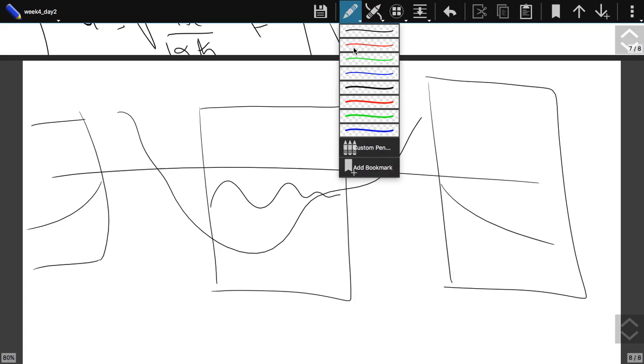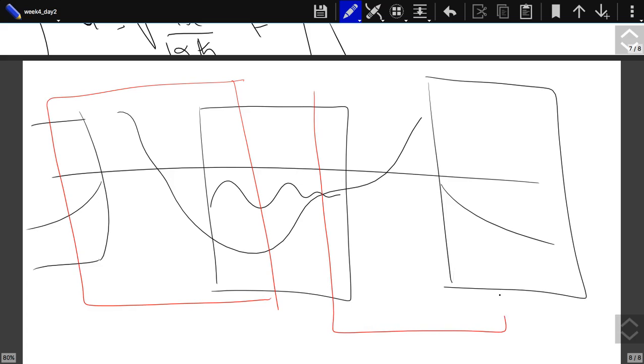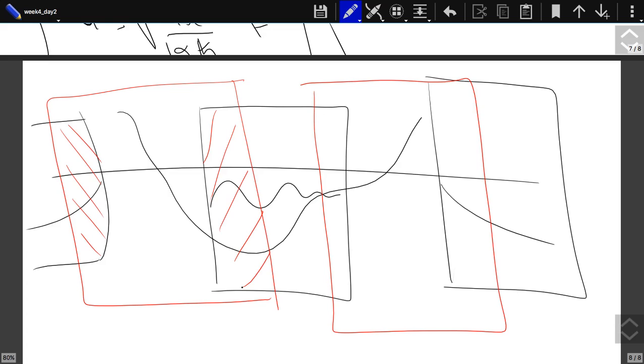And the matching is basically done by finding a new set of solutions valid in this region and another set of solutions valid in this region, close to the turning points. So we have these regions where both of our solutions are valid: the matching solutions and the WKB solutions.